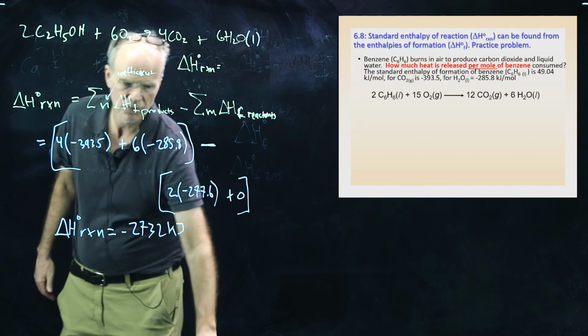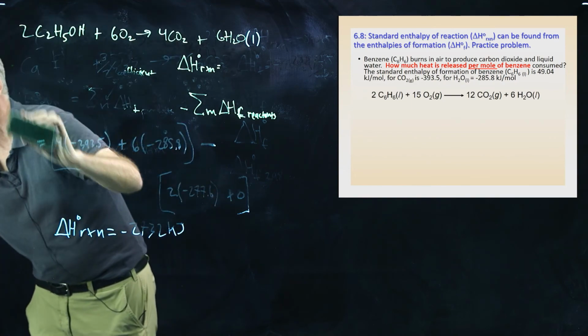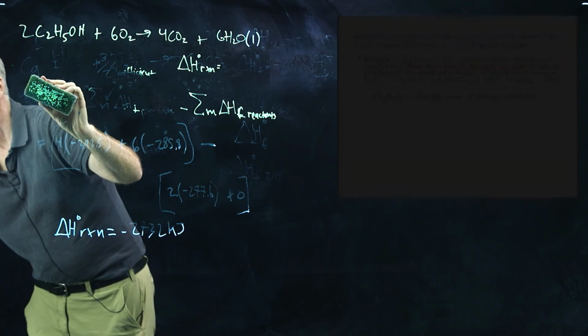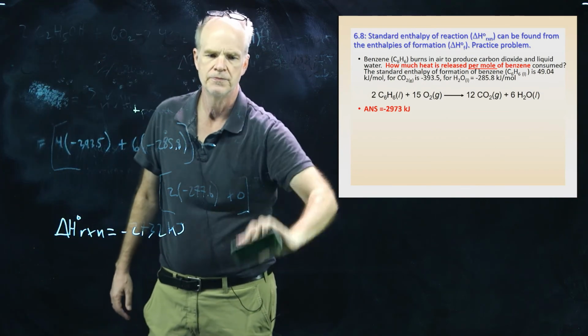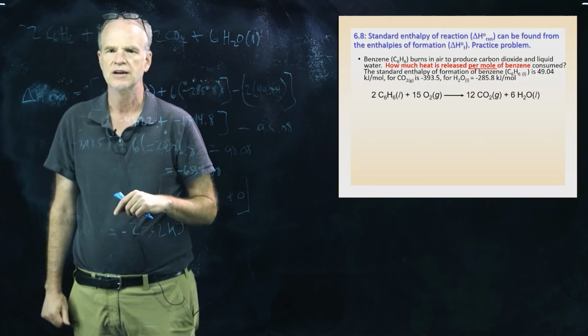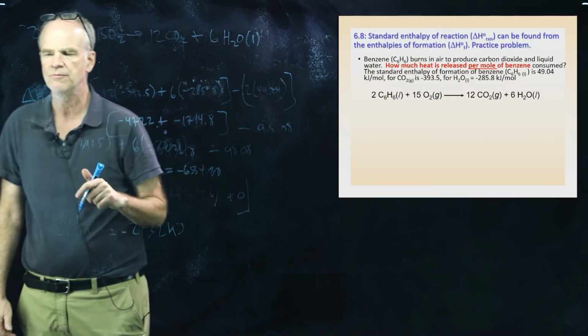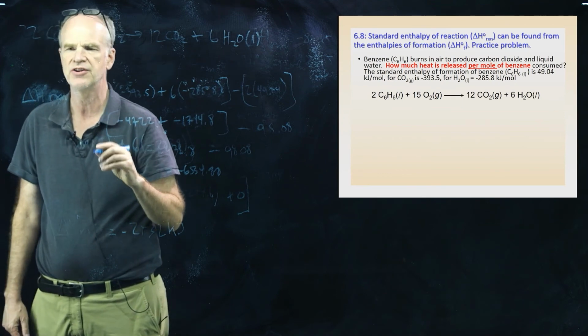Okay, so we're going to do one more remaining problem. We have a reaction of benzene with oxygen to produce carbon dioxide and water.